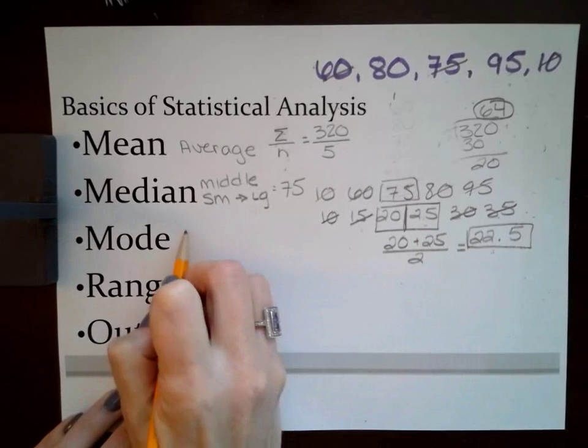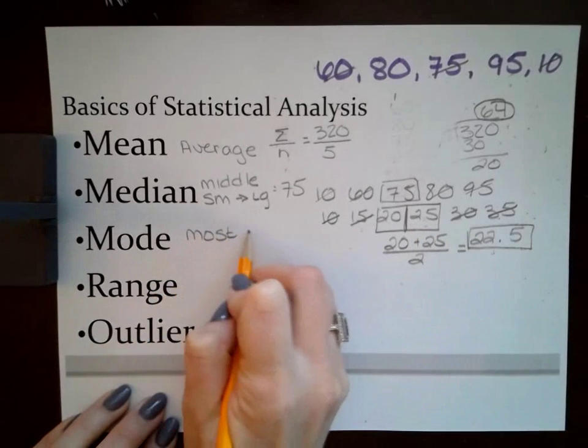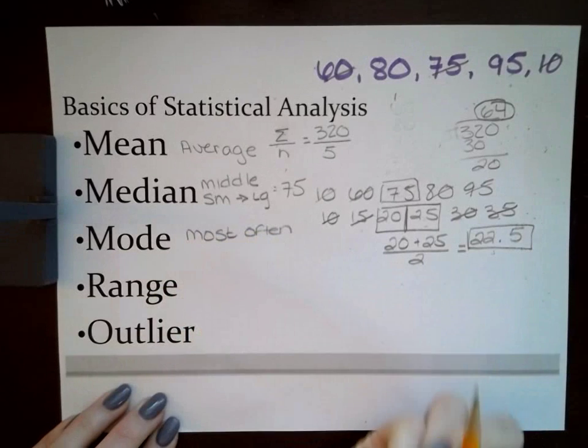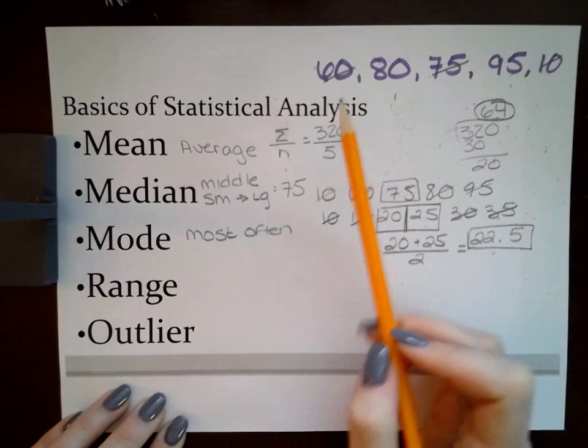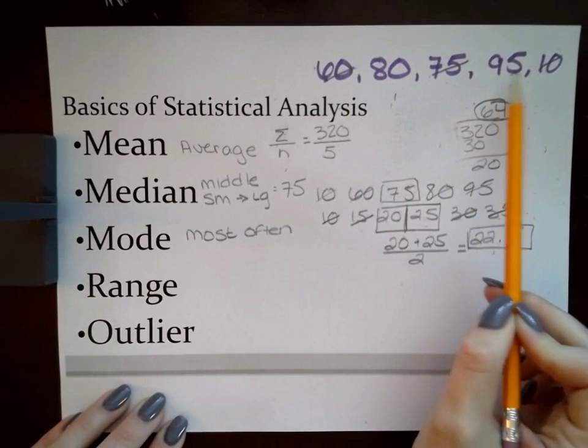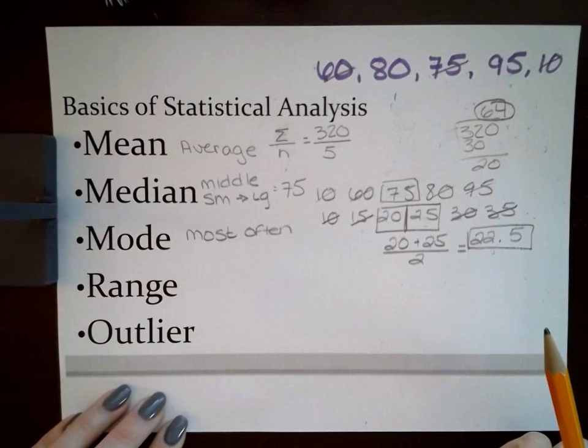The mode is the number that appears most often. Some data sets can have more than one mode. Some data sets don't have to have any mode. In our case of our original numbers, 60, 80, 75, 95, and 10, we don't have a mode. Nothing repeated.